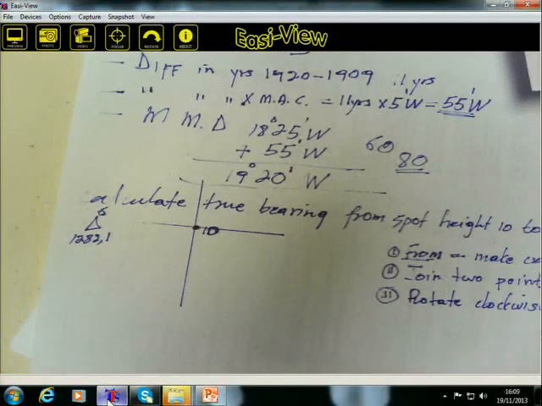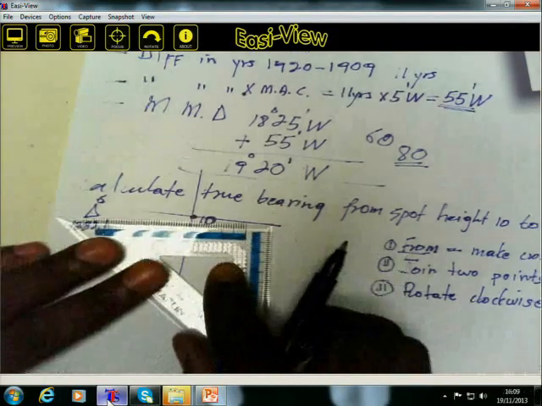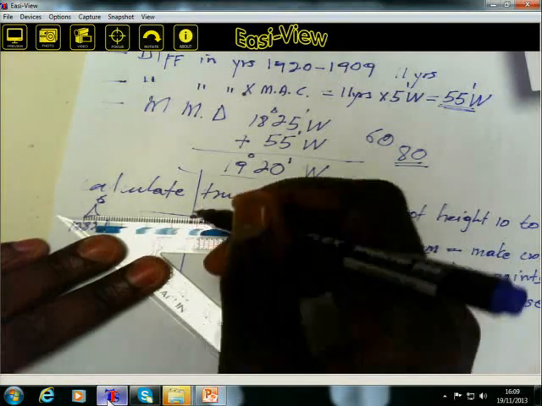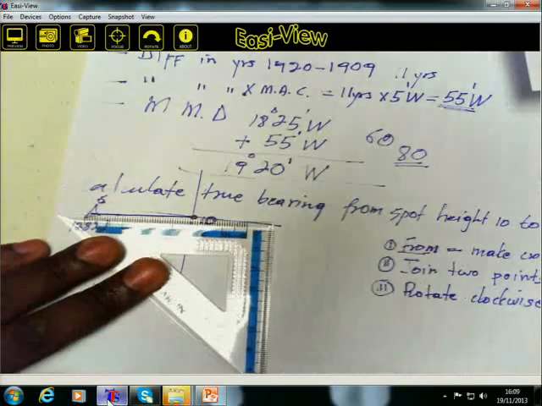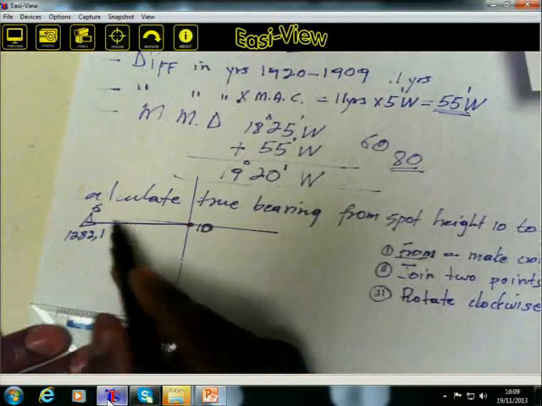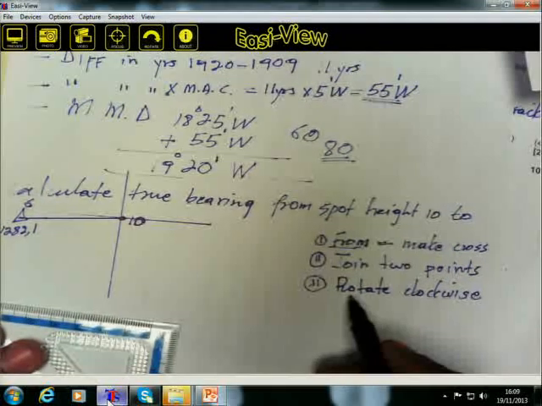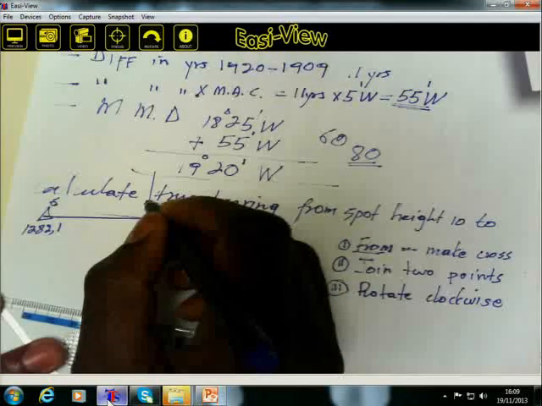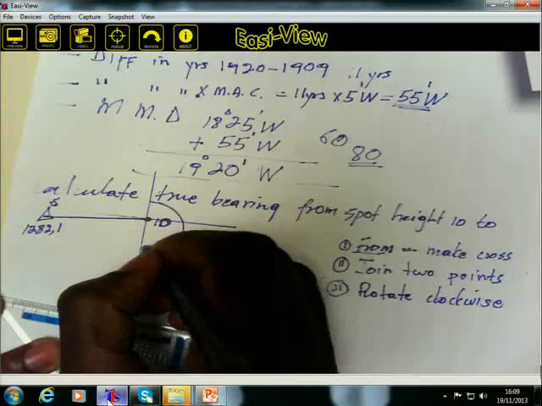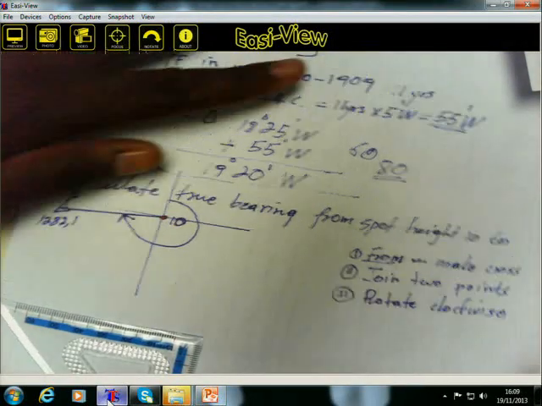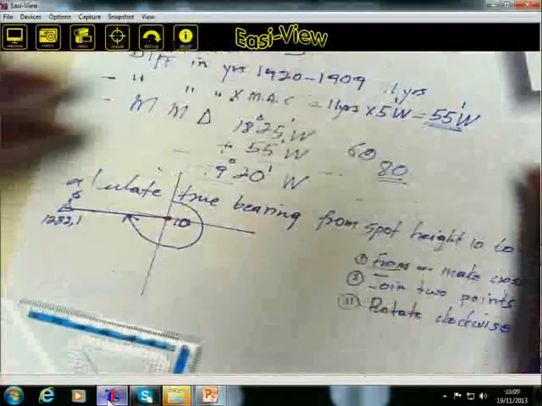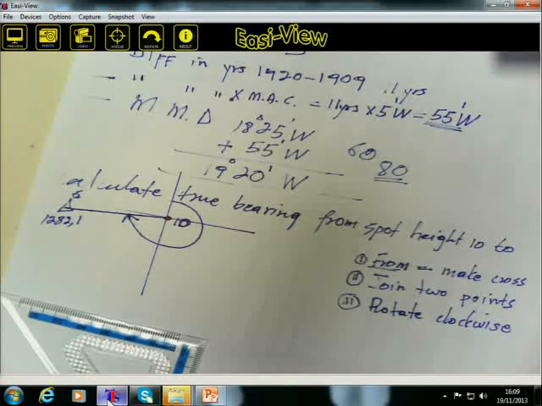Next, after the cross, I must join the 2 points. It's from here up to there. After I've joined the 2 points, the third step says I must rotate clockwise. So I must move up until I arrived at my point. Then I must look for a protractor.